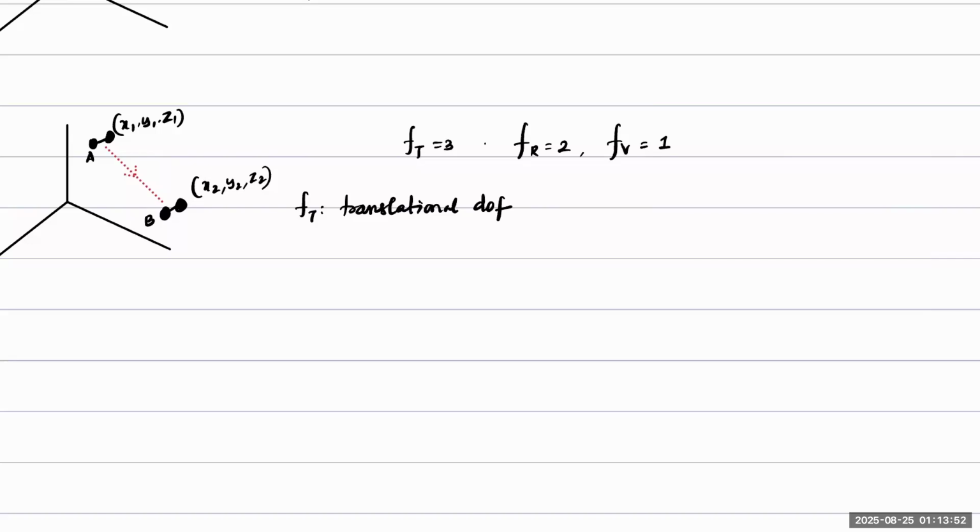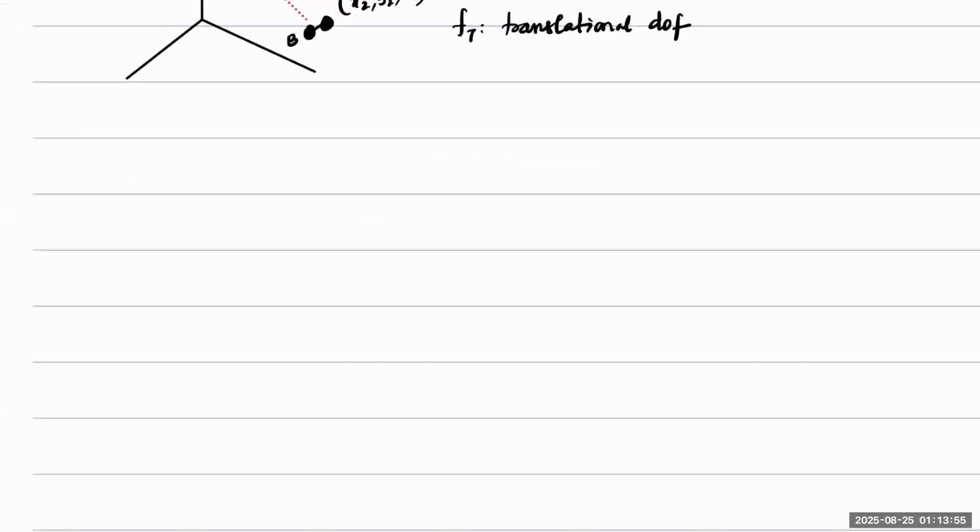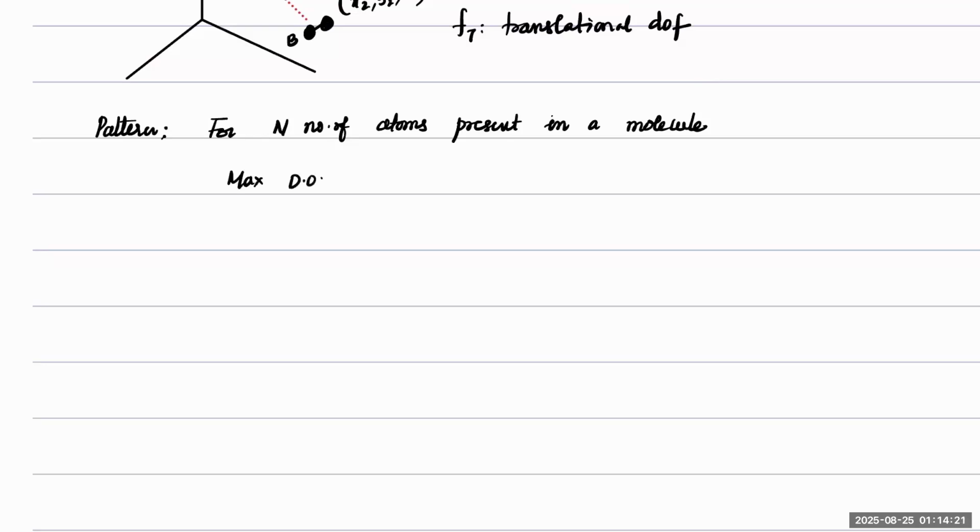The pattern is: for n number of atoms present in a molecule, the maximum degrees of freedom a molecule can have is equal to 3 times n.